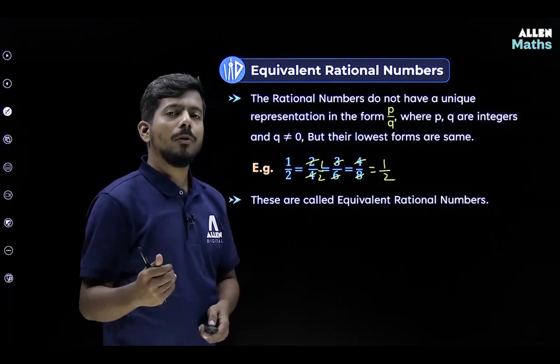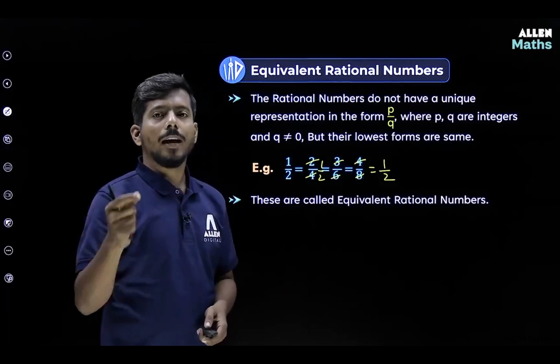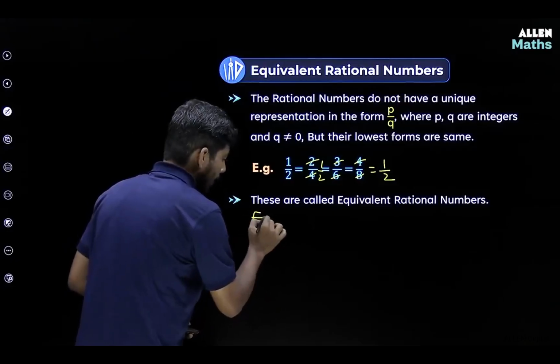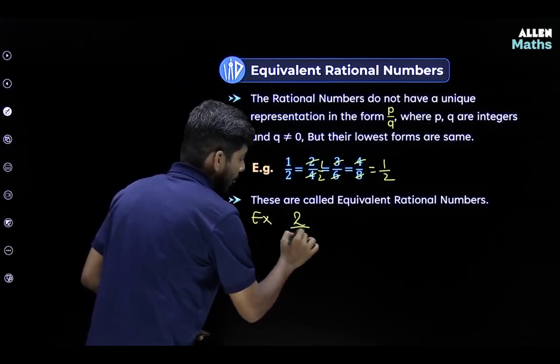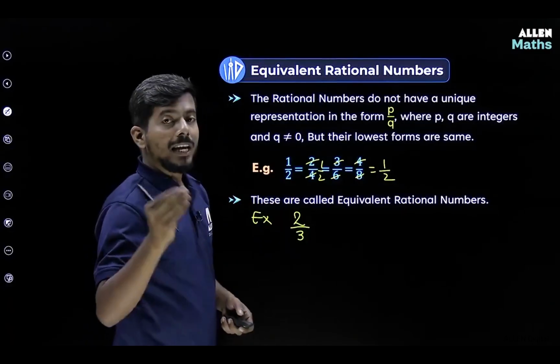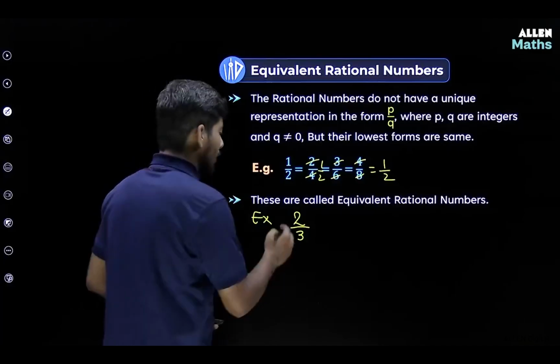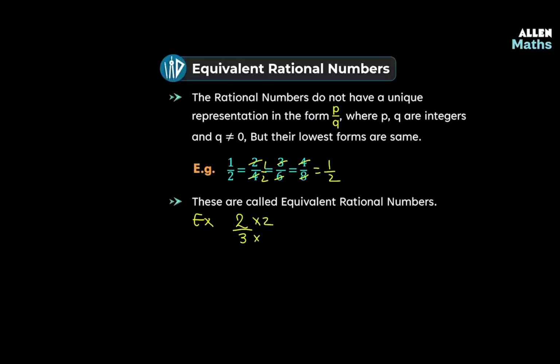Now if we have to write equivalent rational numbers for any rational number, let's take a question. For 2 over 3, if I have to write 3 equivalent rational numbers, what I'll do is multiply this rational number with 2 over 2. So we'll get 4 over 6. Again, we can multiply this rational number with 3 over 3.